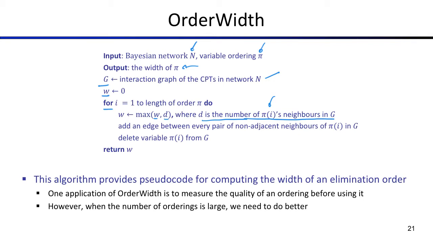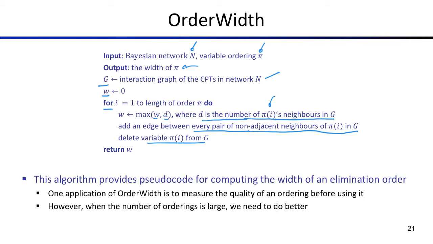And I'm going to connect using an edge every pair of non-adjacent neighbors of pi in G. So this is the process of creating the cliques for every neighbor that we have for the variable that I'm going to eliminate in G. And I can eliminate the variable pi from G, and I keep doing this process and repeating that for the second variable in the elimination order, the third one, until I finish with the elimination order.